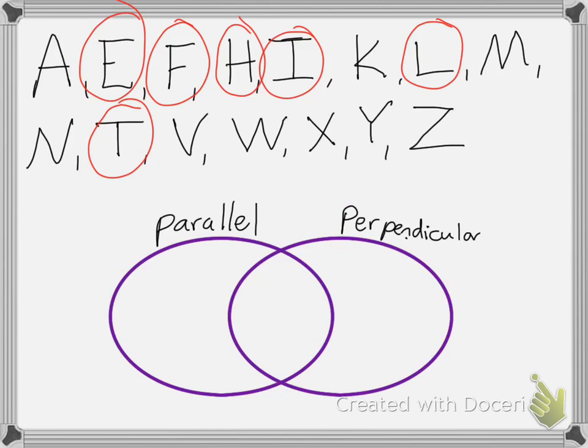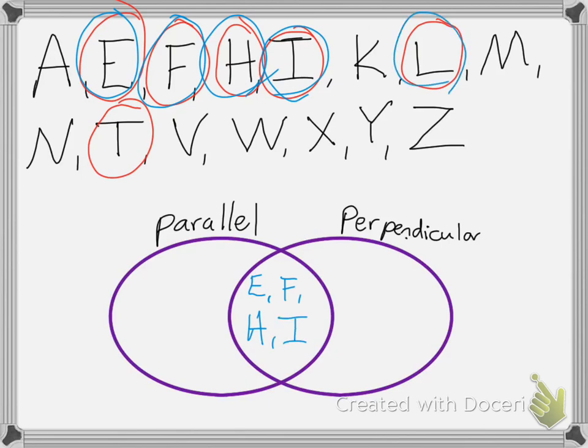So if you look, you can see that E, F, I, and H all have perpendicular and parallel line segments. So I'm going to write them in this middle part. E, F, H, and I. That means L and T only have perpendicular lines. So I'm going to put them here on this side, L and T.